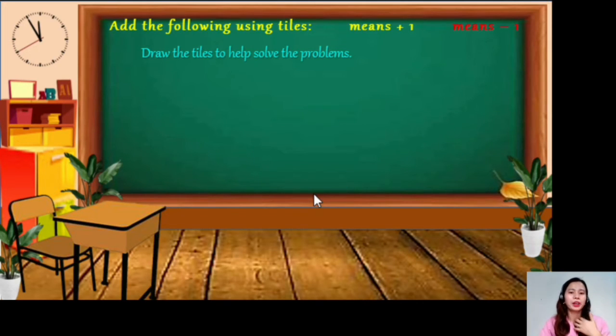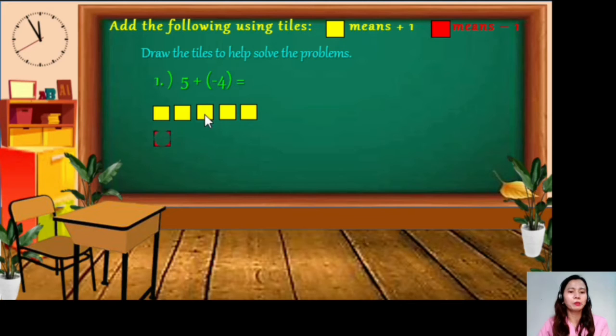Let's solve, and remember that we're going to use these tiles, the yellow tile and the red tile. 5 plus negative 4. We will make 5 yellow tiles. 1, 2, 3, 4, 5.